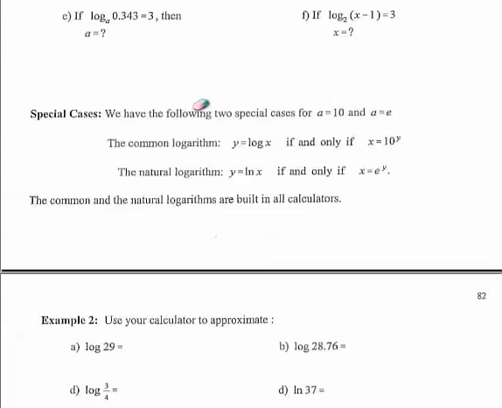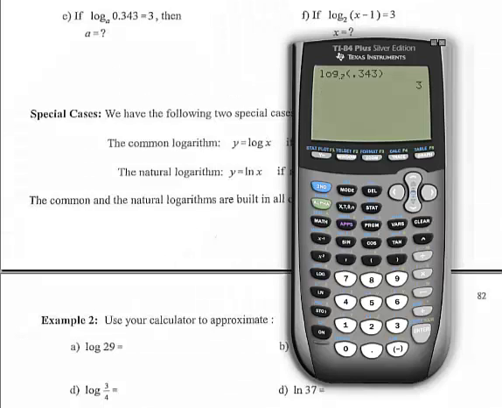So the bottom of the page mentions some special cases. 2 special cases for a equal 10 and a equal e. The first one is called the common log, and that pops up here on your calculator.